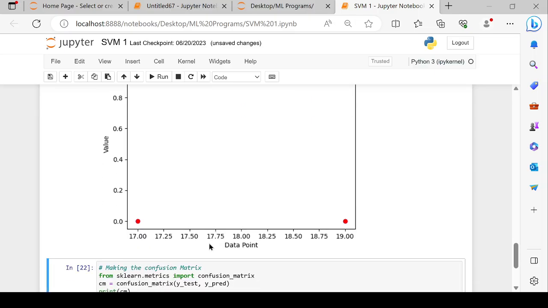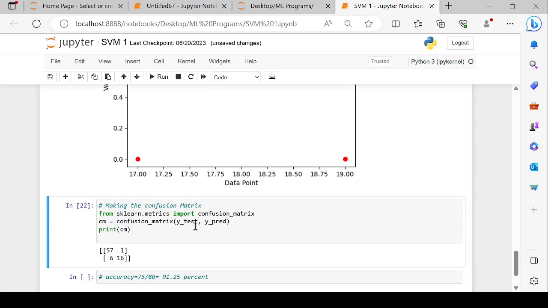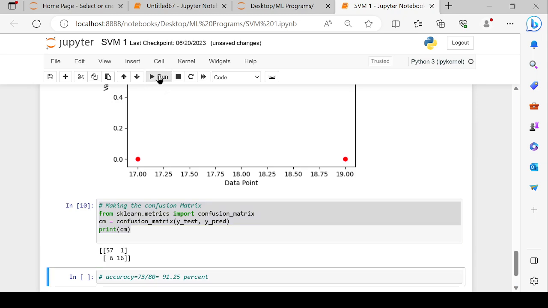This is how it looks. If only red is there, that means actual and predicted are coinciding. You can also find the confusion matrix, which gives you the accuracy of the algorithm. So run it. You add 57 plus 16, 73, divided by 80. That gives you an accuracy of 91.25%, or 0.9125.